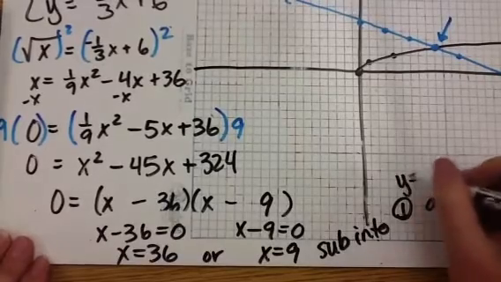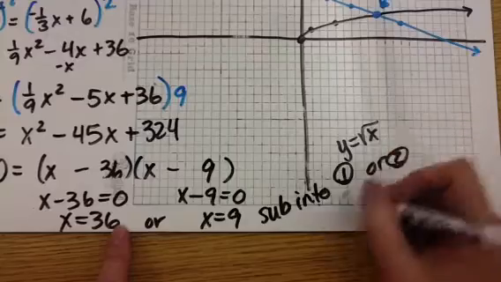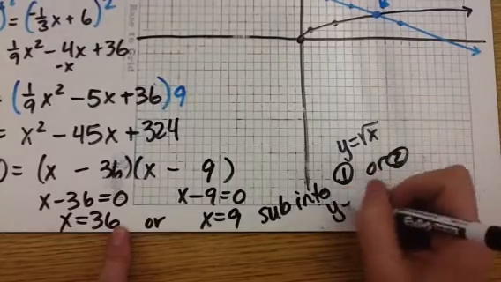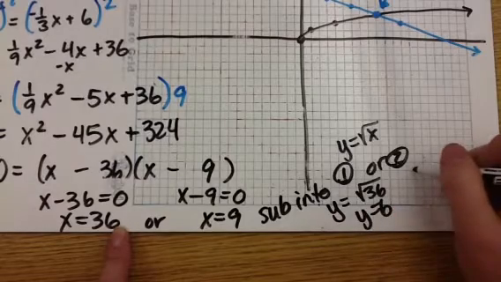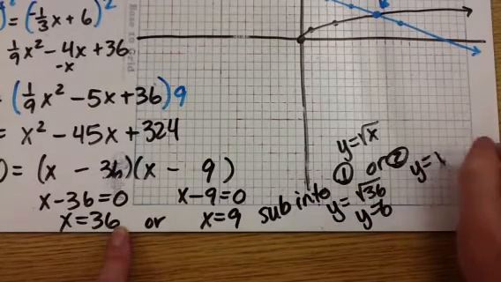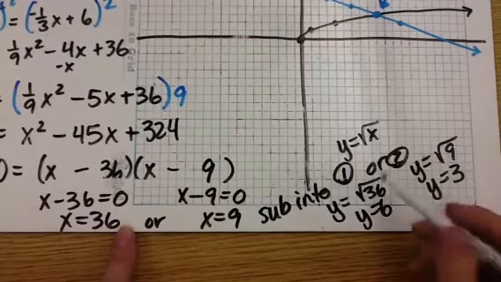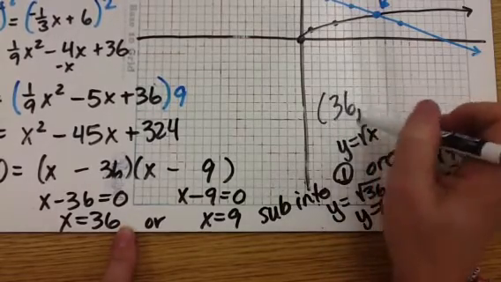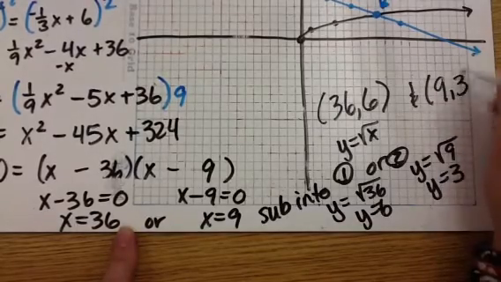Equation 1 was y equals square root of x, so that's probably the one I'm going to use. So if x is 36, y would be square root of 36, so y is 6. If x is 9, y will be the square root of 9, or 3. So I have two ordered pairs, 36, 6, and 9, 3.